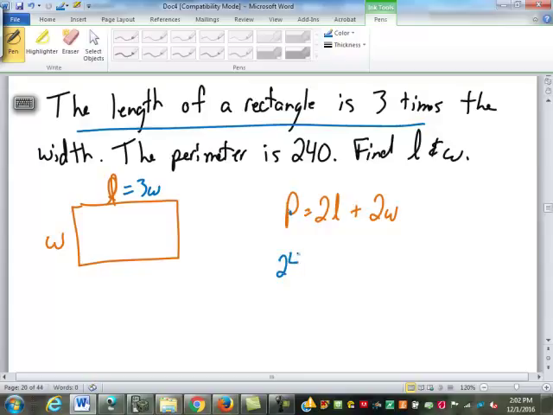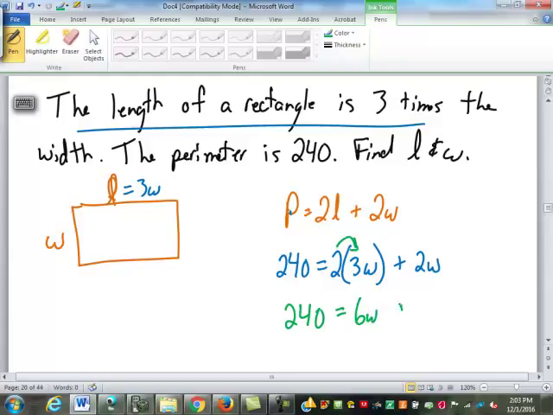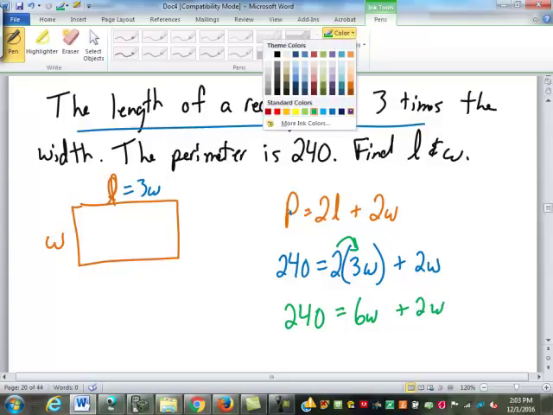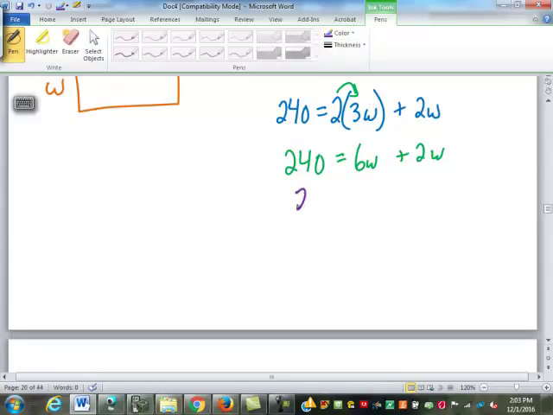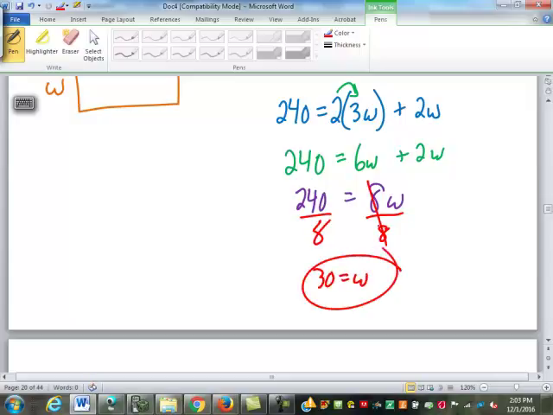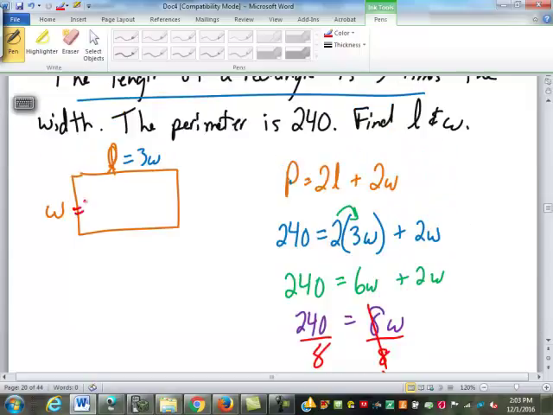So over here, what am I going to do over here? P becomes 240, good, equals 2 times, we replace L with 3W, plus 2W, and then 2 times 3W is 6W, and we still got the plus 2W, and then combine 240 equals 8W, and then divide by 8. 30 equals W. So W equals 30.